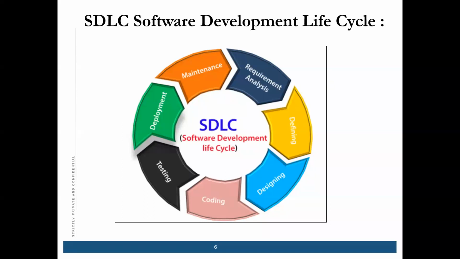So the first phase is requirement analysis. Requirement gathering and analysis is the most important phase in the software development life cycle. Here business analysts collect the requirements from the customer or client as per the client's business needs and document them in the business requirement document, called BRS, business requirement specification.